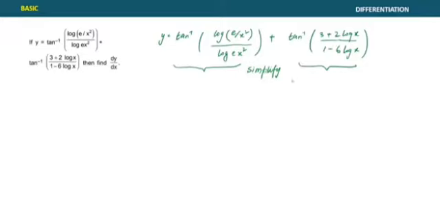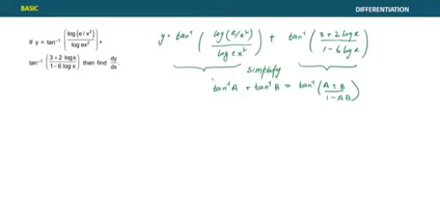If I give you this hint, then you will immediately think this is something of the sort tan inverse A plus tan inverse B, right? Everybody knows the formula for tan inverse A plus tan inverse B, so they immediately start applying it. But if you notice, this is very cumbersome. A is a huge number, B is also a very huge number.